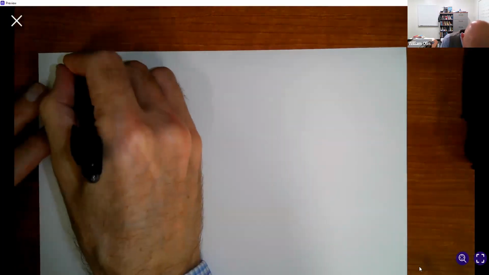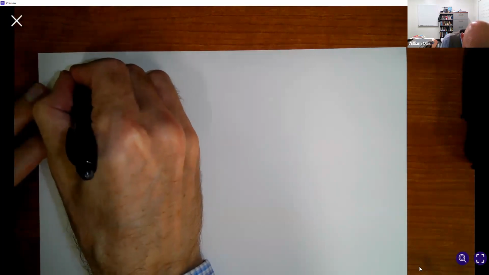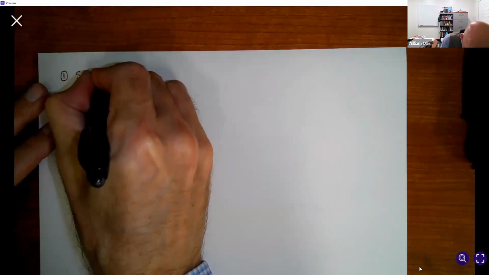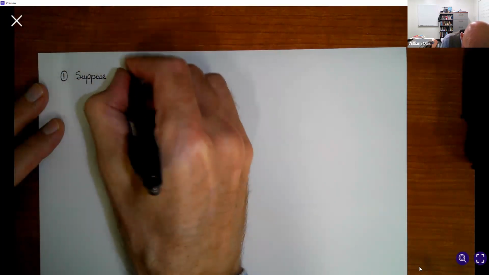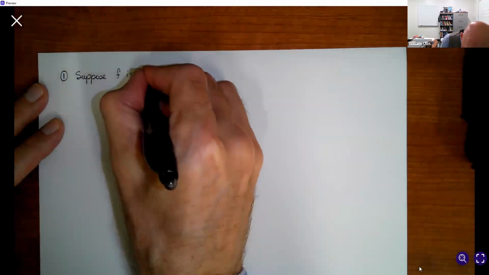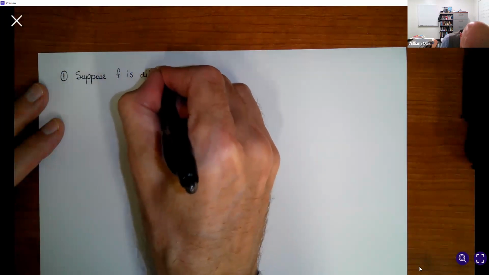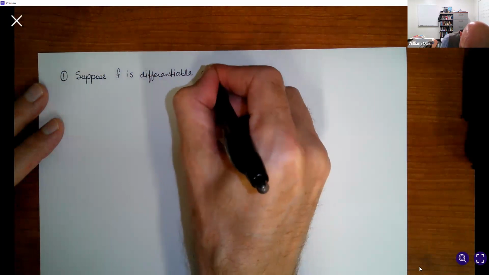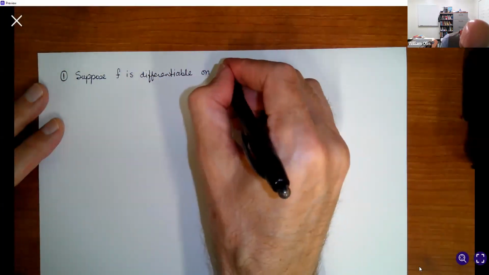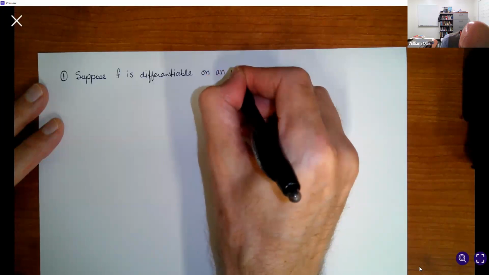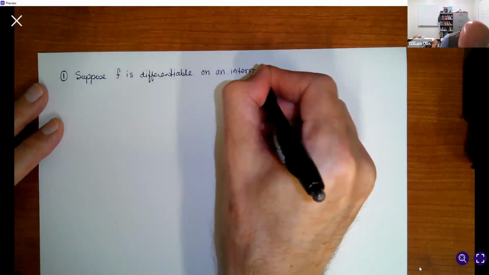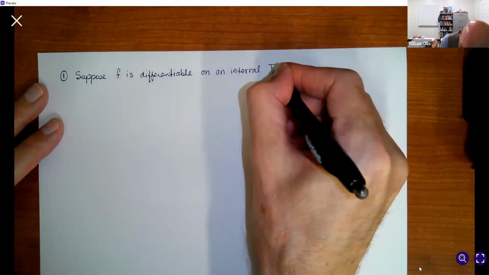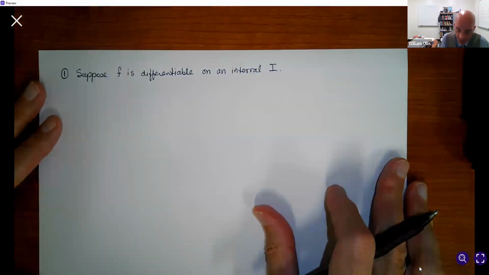So in this case, let's just do this number one. We'll say, suppose f is differentiable on, I guess we'll just say an interval I. It has some set of content for its derivative.